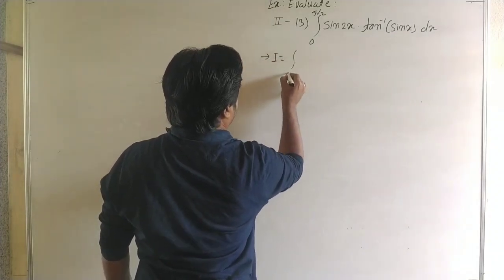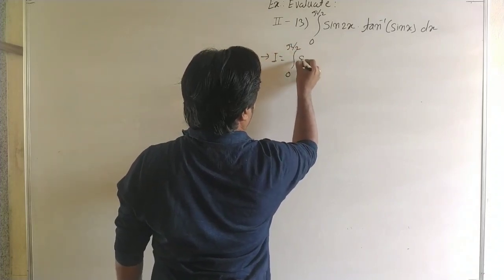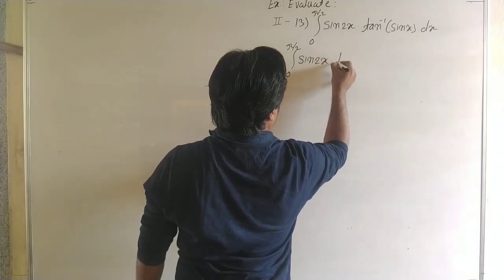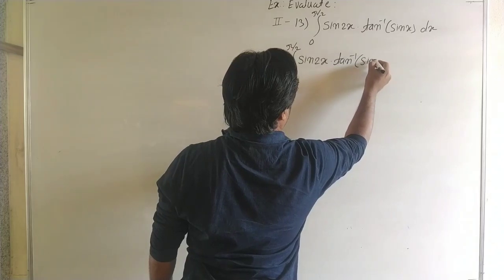Here integral 0 to pi by 2 sin 2x into tan inverse of sin x.